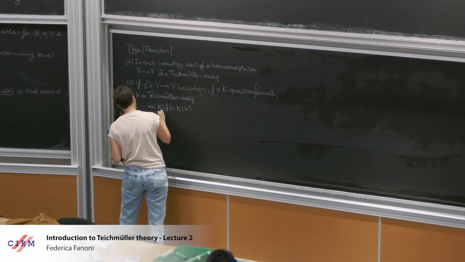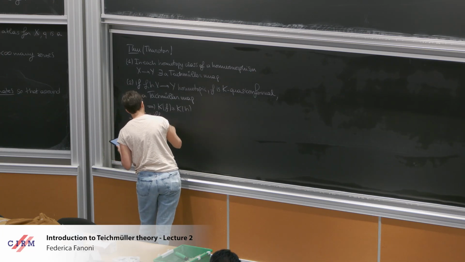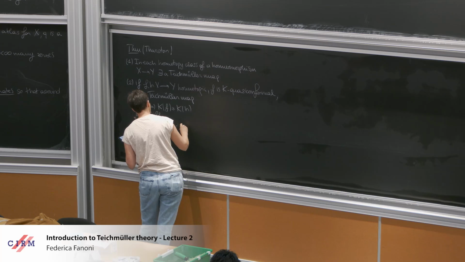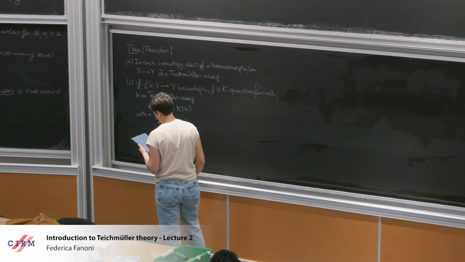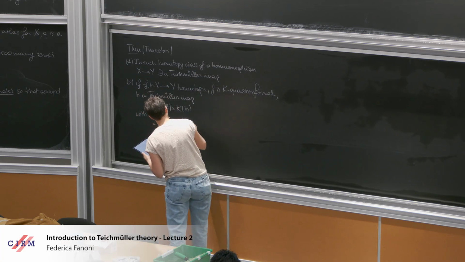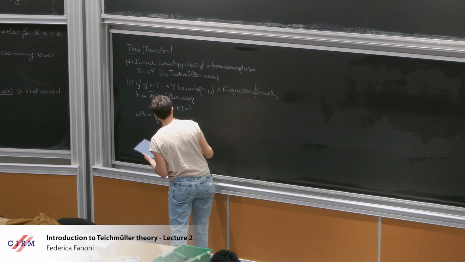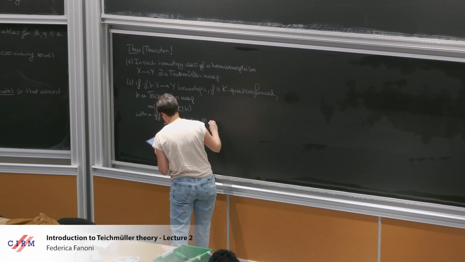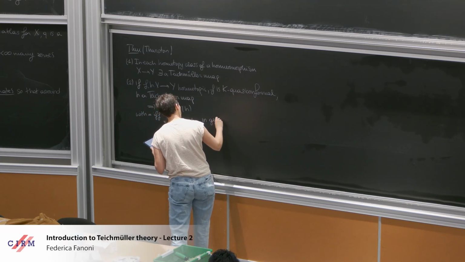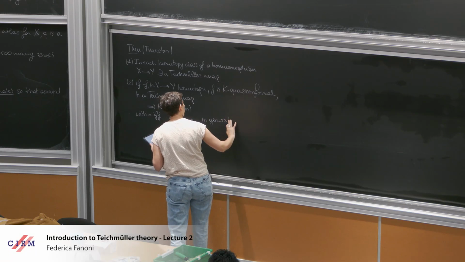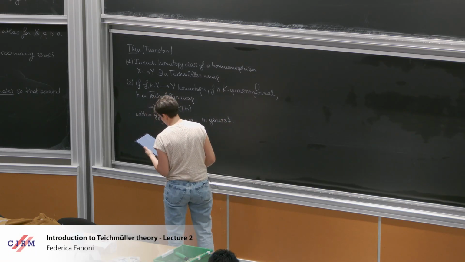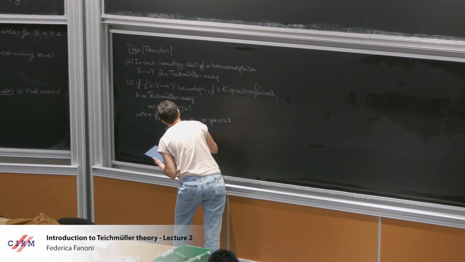And this is if and only if I look at this, and this is the identity in the case that interests us. So this is in genus at least 2. Since you need the result also for the torus, in the torus it's if and only if the map is conformal.